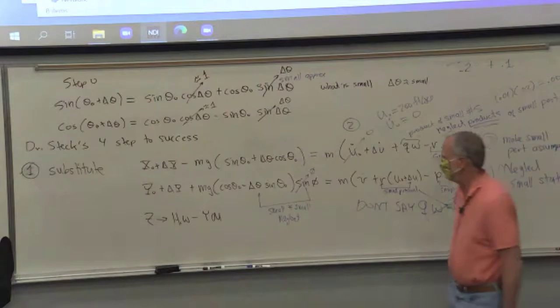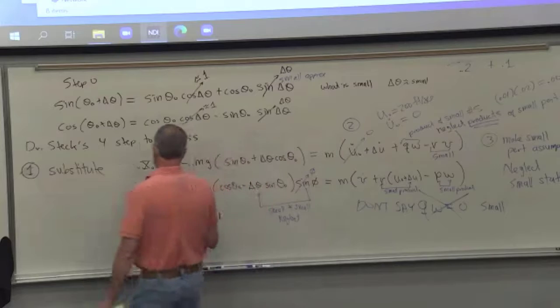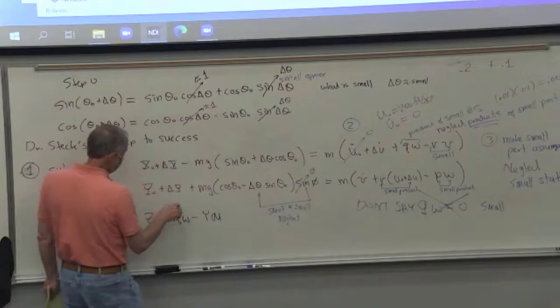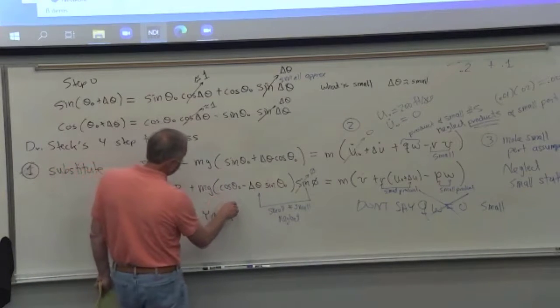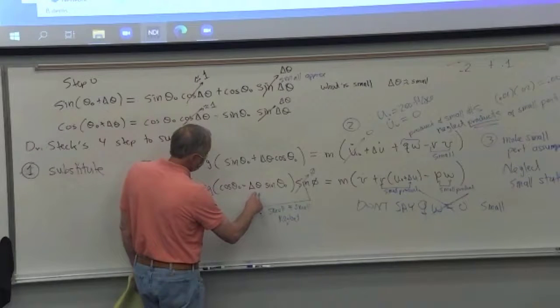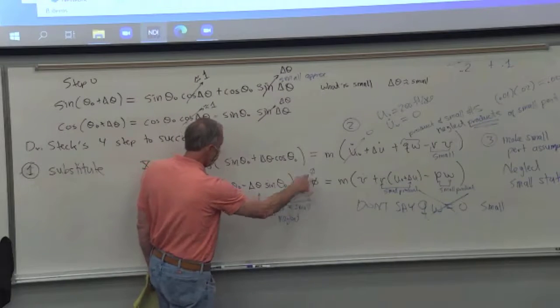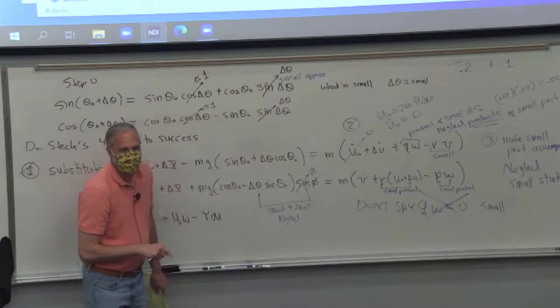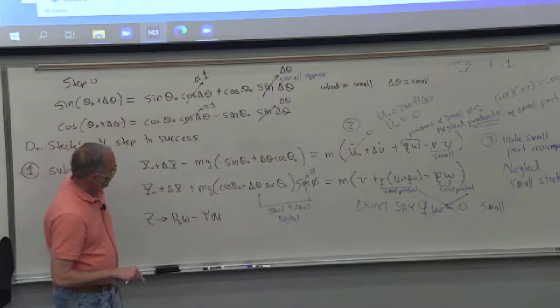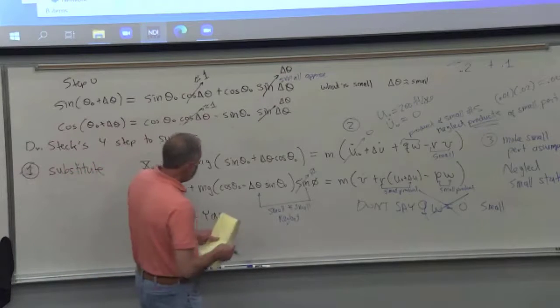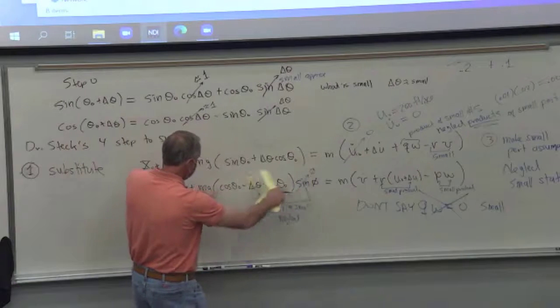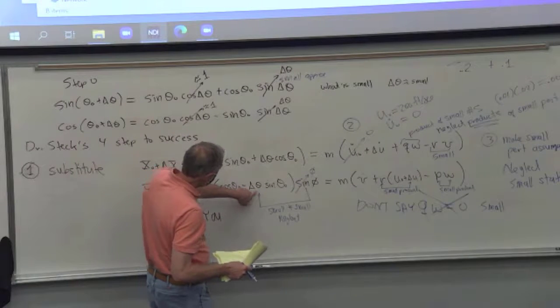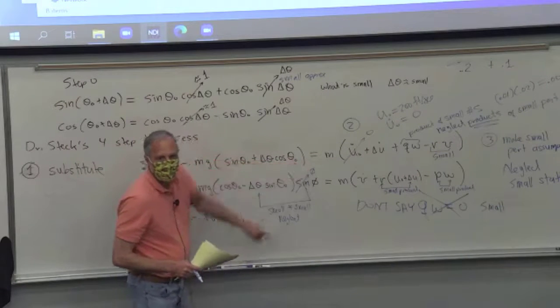Well, no, it's not. You just look at each term and you say, not small, not small, not small, small, but okay itself, small, but when we multiply it times this, we got to throw it away. So if you'd like it better, you can multiply this phi through both of these terms, and then it's real obvious you have a delta theta times a phi, and then you have that small product.